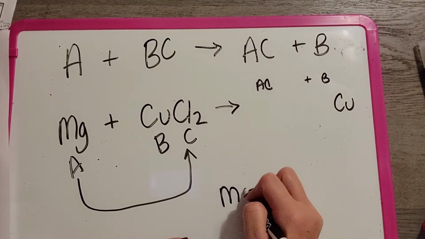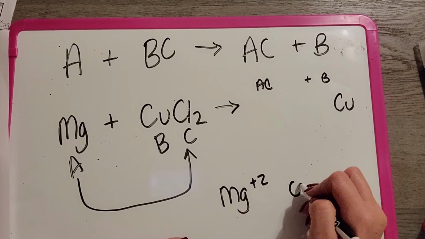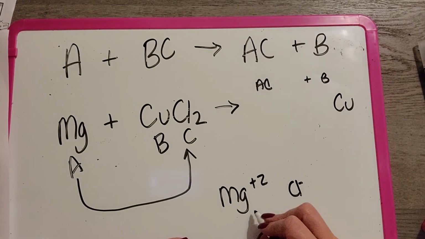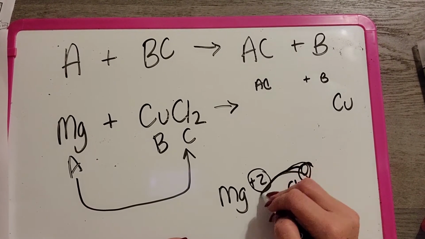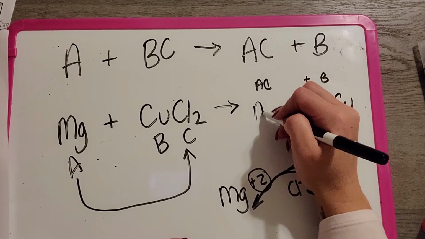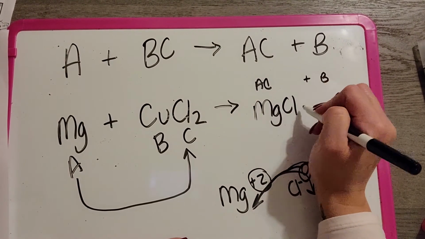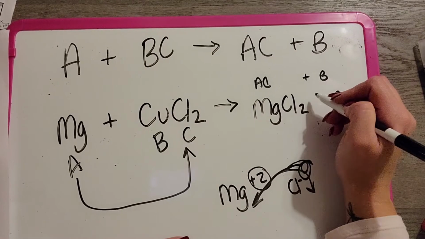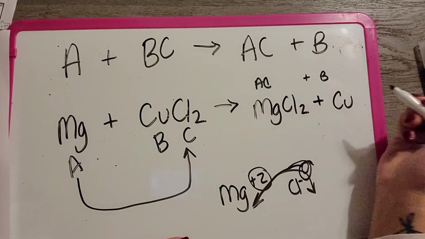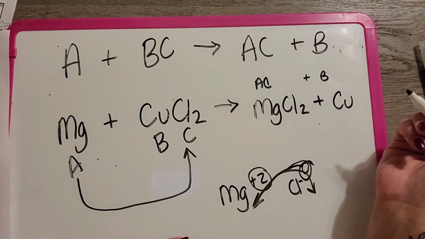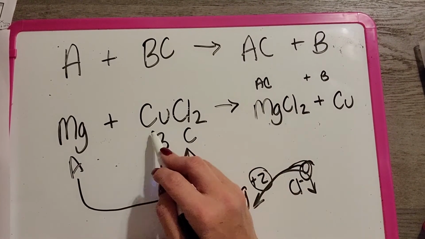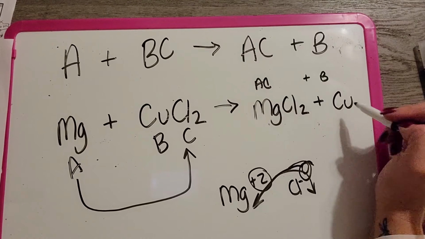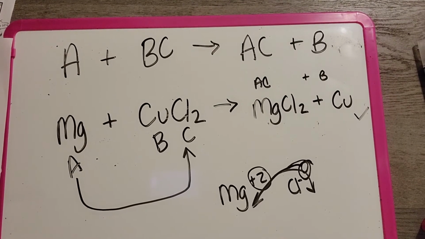So again, the magnesium is a +2, the chlorine is a -1. So crisscrossing those charges, it's going to be MgCl2. And then this one might already be balanced actually. So we've got 1 magnesium, 2 chlorine, 2 chlorine, 1 copper, 1 copper. So that is all well and good for that one.